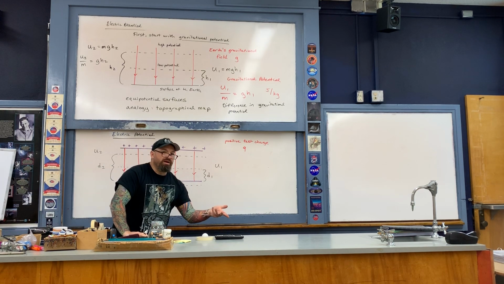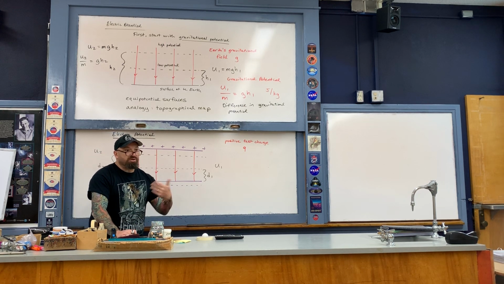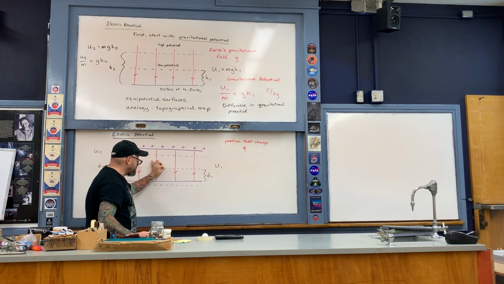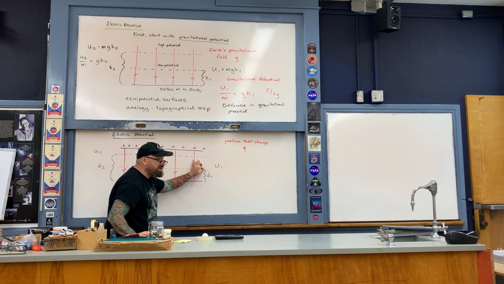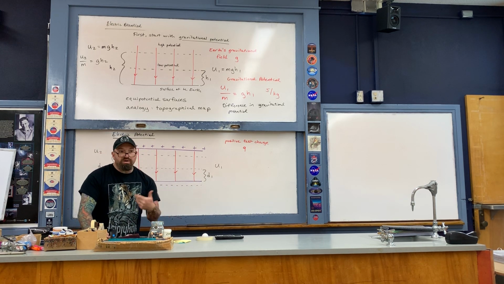However, like I did for gravity up on the top board, let's say that I wanted to divide out by the charge in this case and just talk about the height itself above the negatively charged sheet. In other words, I'm talking about the charge having the same potential to have potential energy anywhere along this equipotential surface. If I describe this, then what I am describing is electric potential.